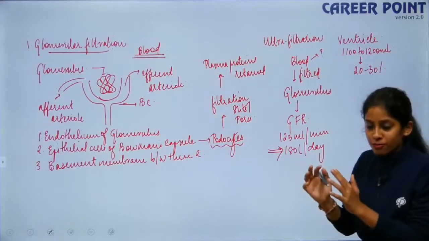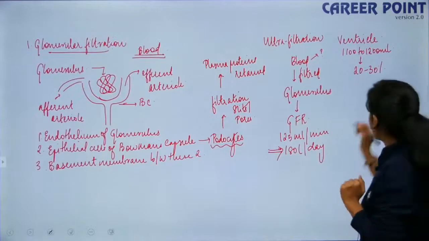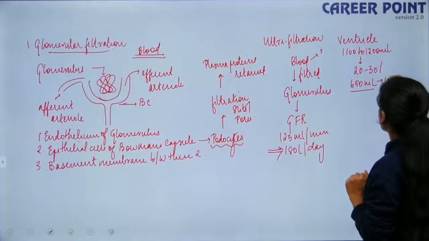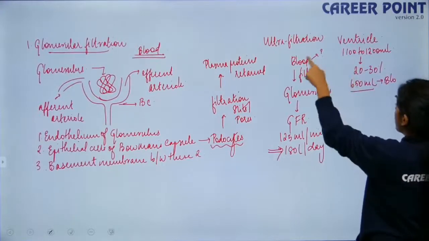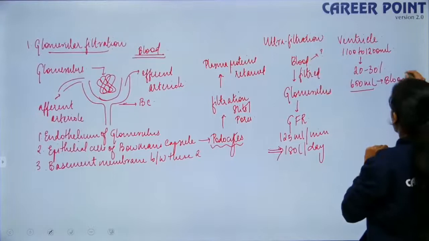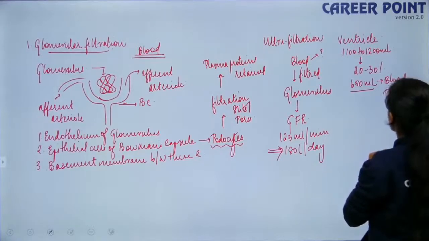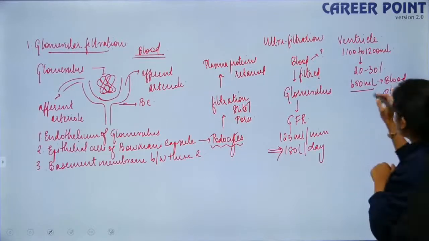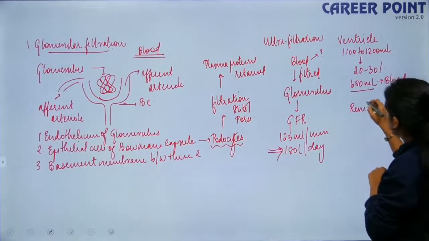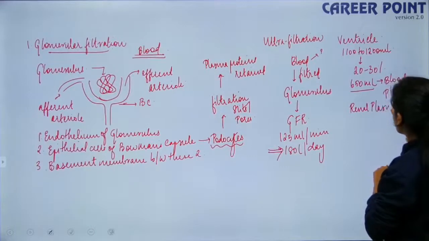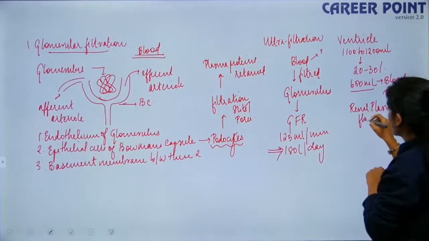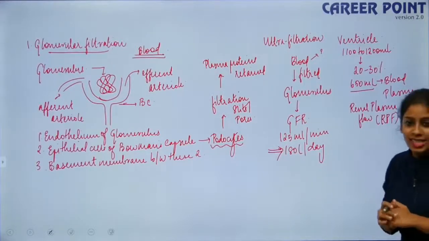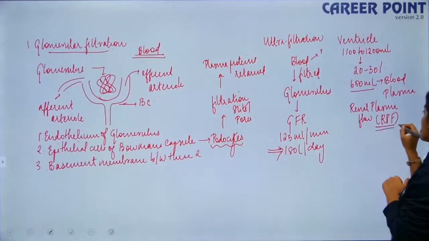The amount that enters the kidney is approximately 650 ml of blood plasma. This is the total blood, but we only need the plasma. So, the blood plasma which enters the kidney for filtration is known as renal plasma flow, RPF.